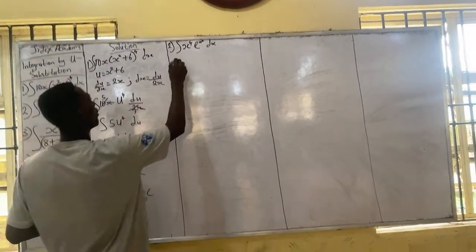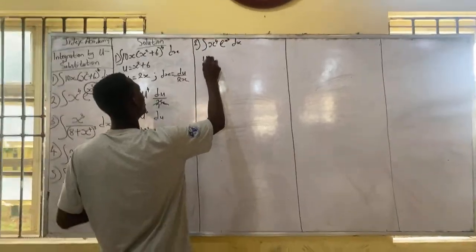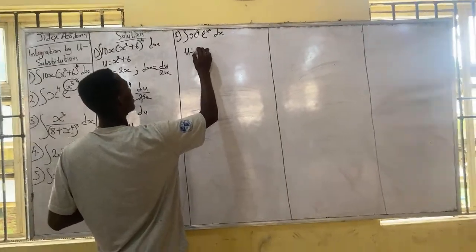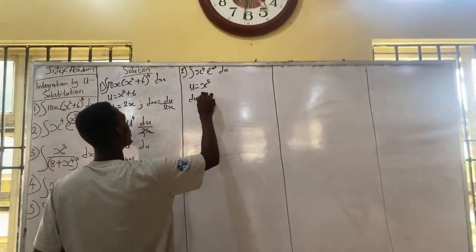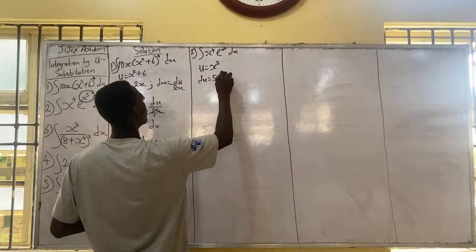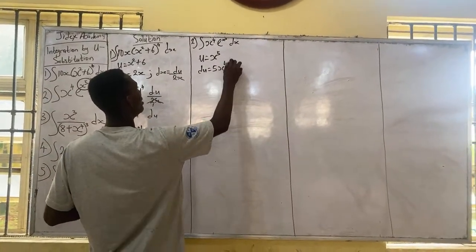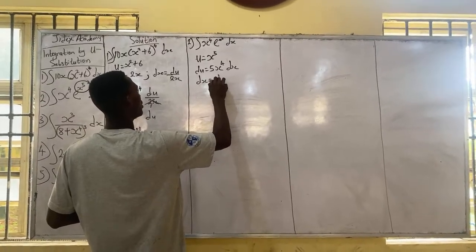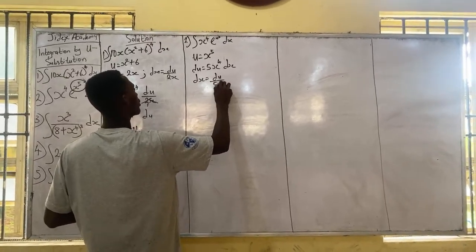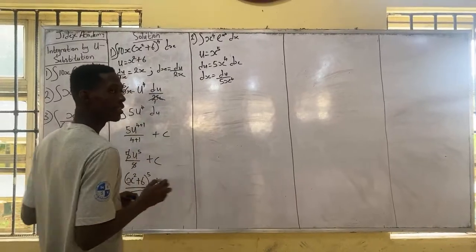Alright, so now let u be equal to x to the power of 5. Therefore du is equal to 5x to the power of 4 dx. If we divide both sides, dx is equal to du over 5x to the power of 4. Can you see that?